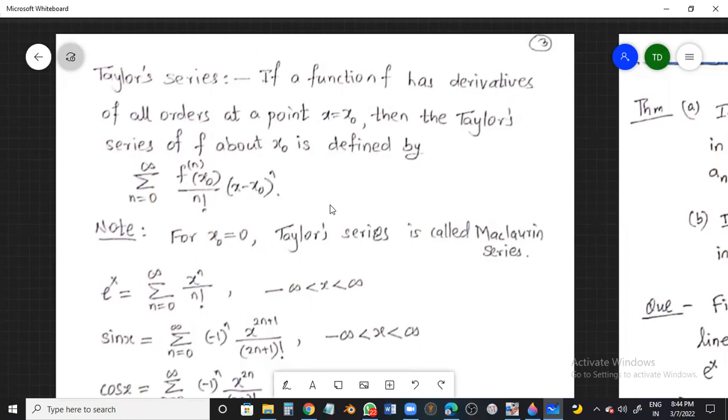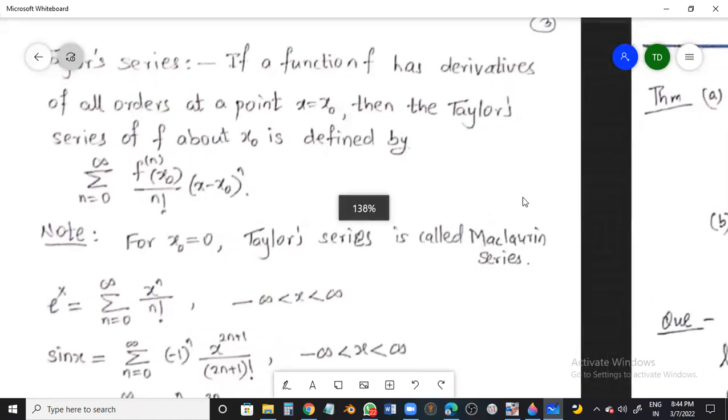So in compact form, we can write the Taylor series as this. Once you read it properly, what is given? Taylor series about x naught comes out to be summation n running from 0 to infinity, nth derivative of f at x naught upon n factorial times x minus x naught raised to n.